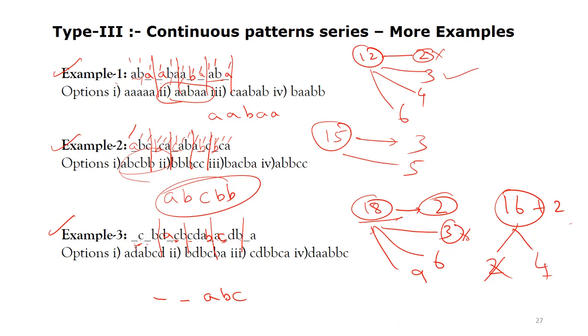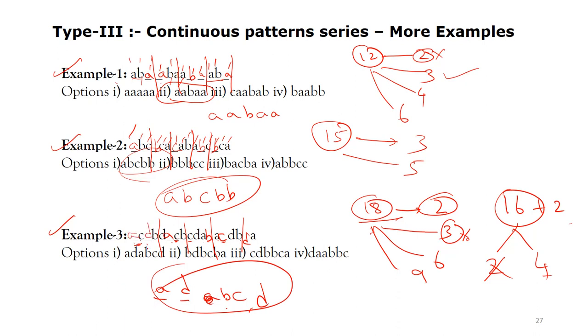So here the first one, so obviously it has to be A, D, A, B, A, D, A, B, C, D. That is the answer.